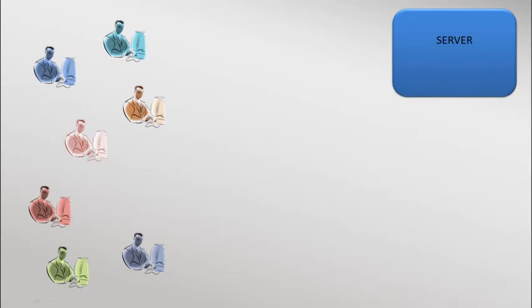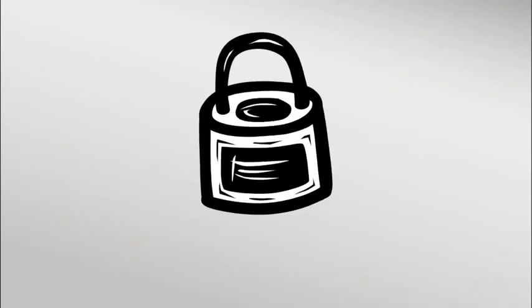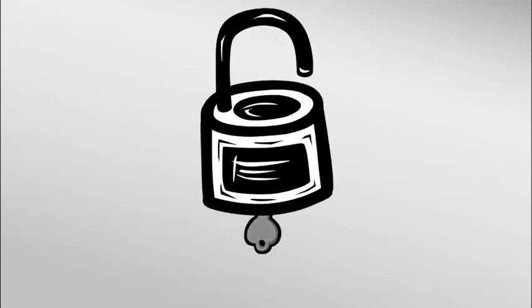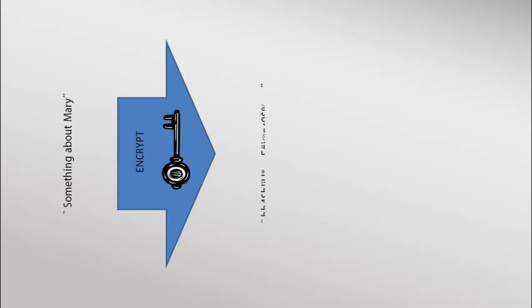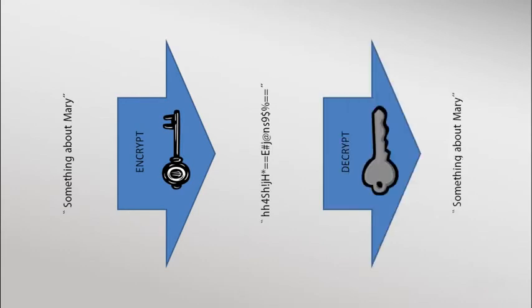Imagine a lock that can be locked by one key but can only be unlocked by a different key. So in cryptography, there is a way by which we can encrypt the data using some key string and then decrypt it to the original using a different key string. This is called asymmetric key encryption-decryption because of the use of different keys.